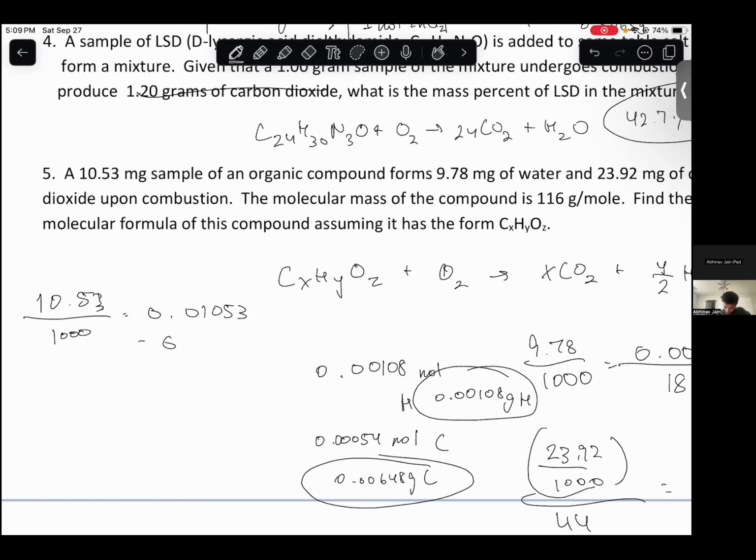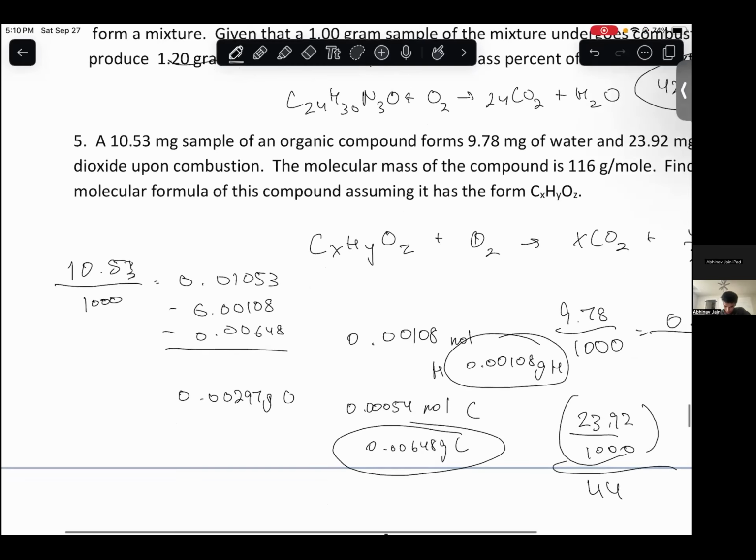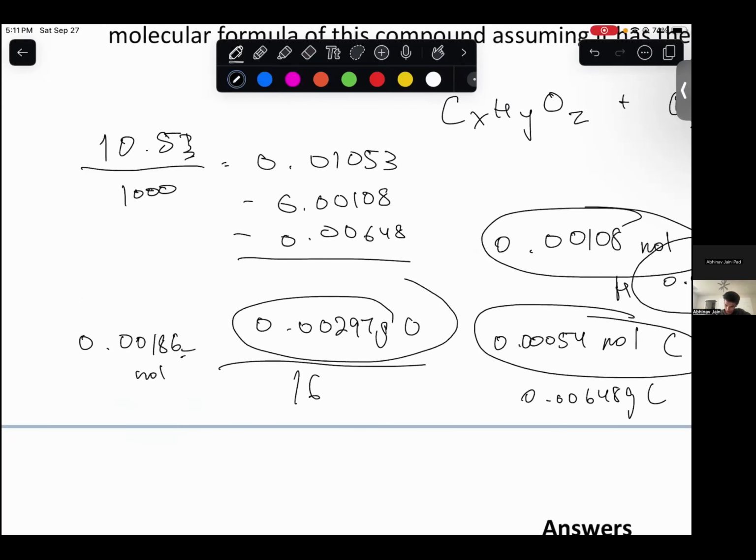So we subtract 0.00108, and then minus 0.00648. That's going to get us 0.00297 grams of oxygen. Divide by the molar mass of oxygen, 16, to get the moles of oxygen. That's going to be 0.000186 moles of oxygen.